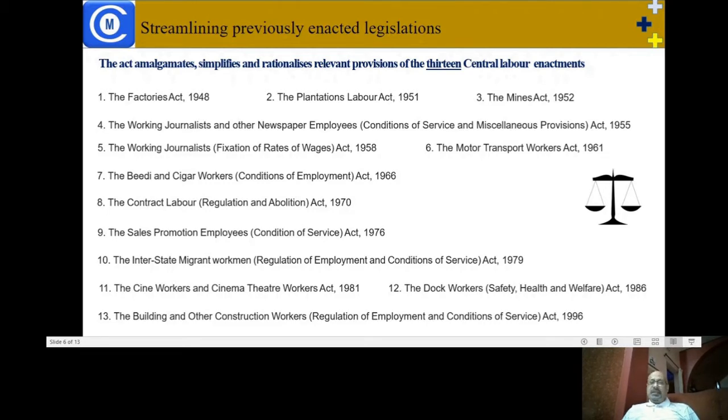Out of these, the Factories Act is one of the most important acts, and the Contract Labour Act is very important. Then the Building and Other Construction Workers Act 1996 is also very important, apart from sector specific other acts.